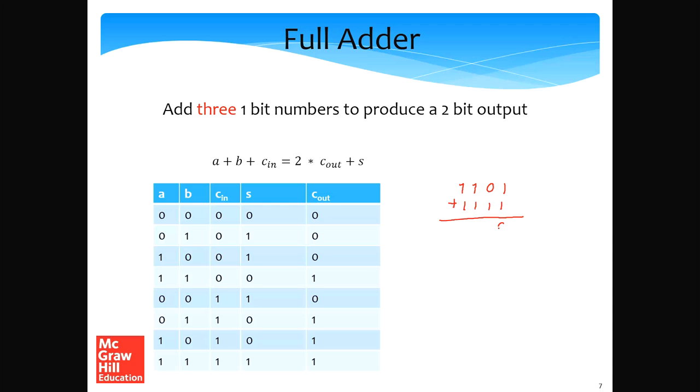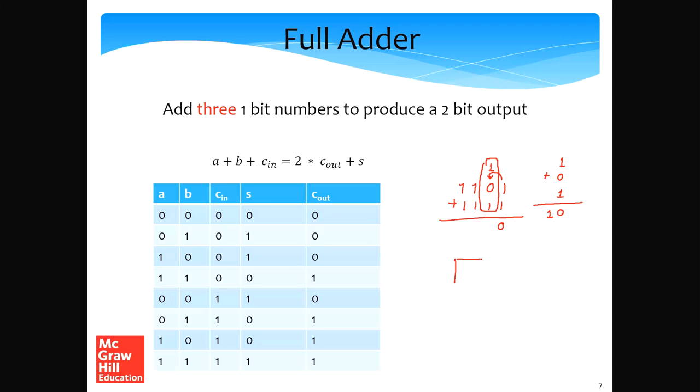It will produce a sum of 0 and a carry of 1. Mind you, for the second position, we are actually adding 3 bits: 1 plus 0 plus 1. This will produce a sum of 0 and a carry of 1.